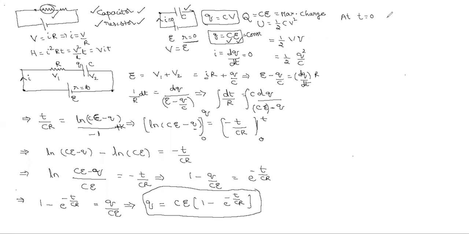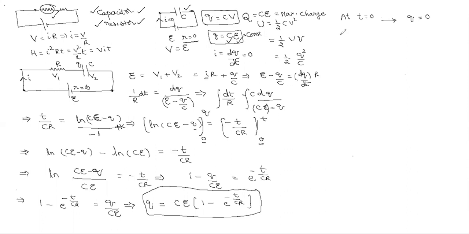Then you will get q is equal to 0. That's why at t equals 0, you got q equals 0. There is no charge on the capacitor, so our assumption is correct here. At t equals 0, we took q equals 0.